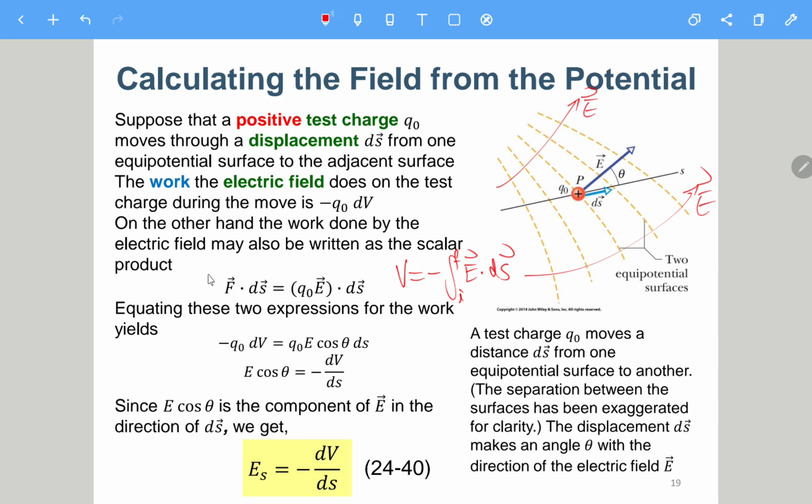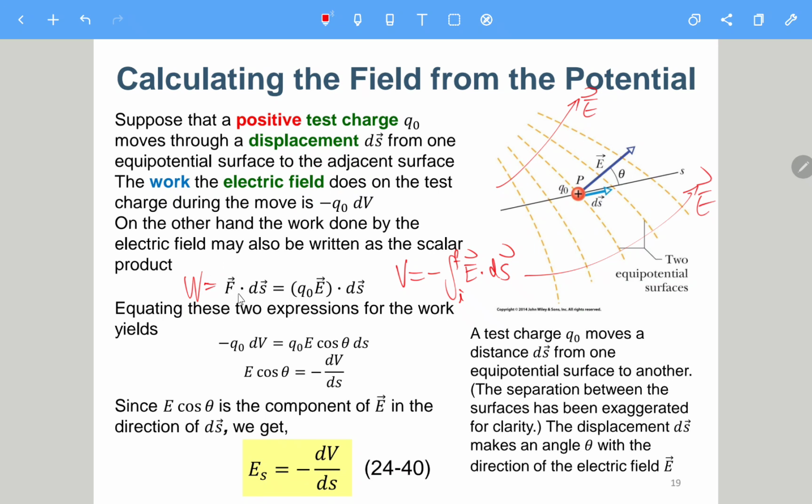At first you write, this is the work done if we try to move this charge through this E field. F dot ds is of course the work done, as you learn in mechanics.